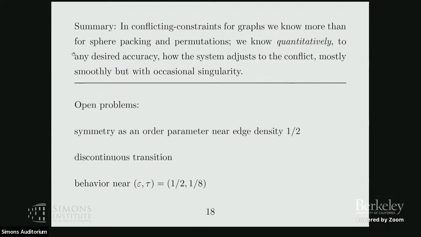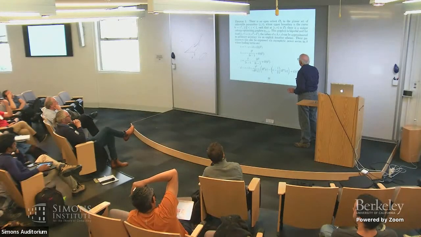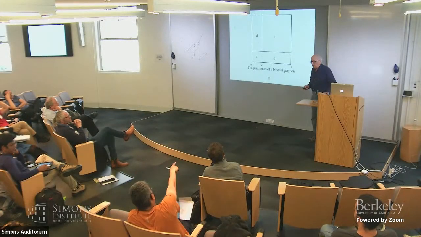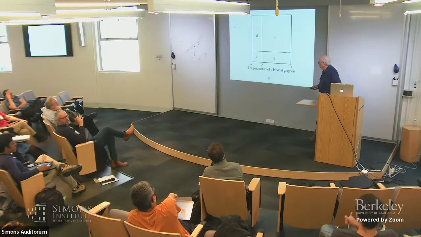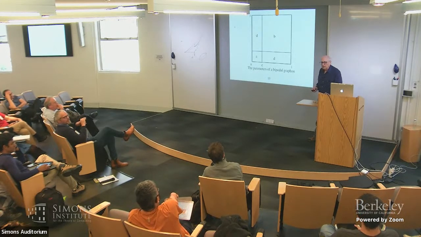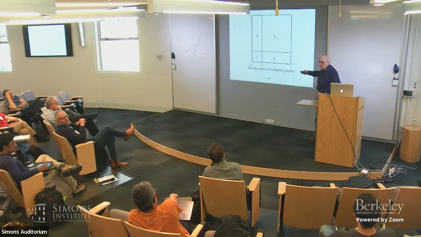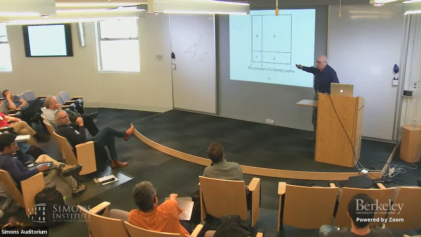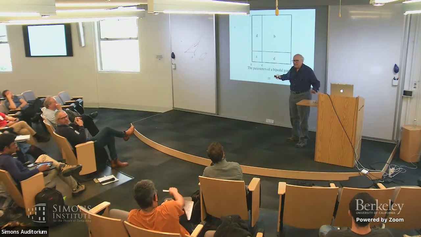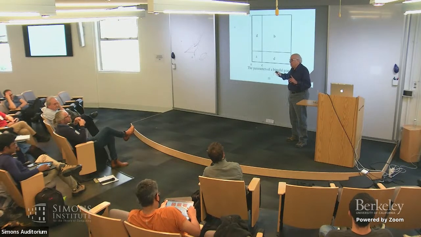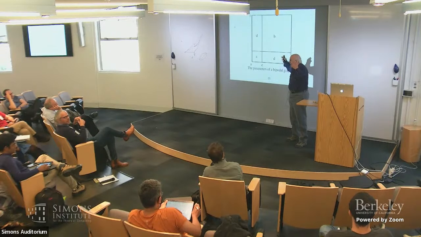Can you go back to your picture of the graphon with A, B, C, D? How does C behave as a function of the density? Analytic. What do you mean? As I showed you, all four parameters are analytic. And the fact that it's analytic is not all that surprising. In order to prove anything, we first prove that the optimum has to be of this shape.